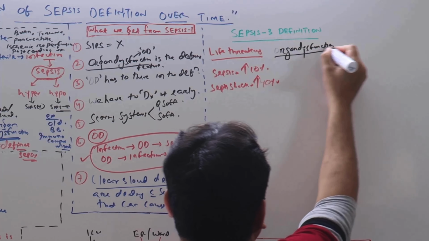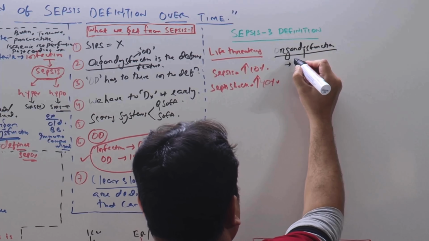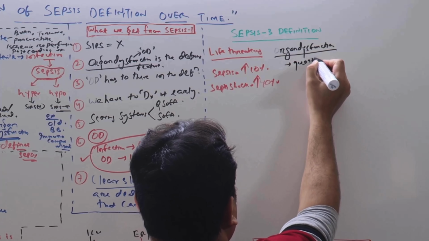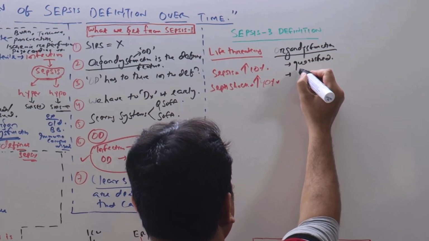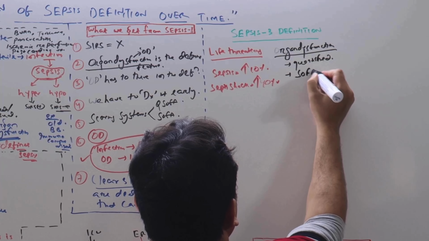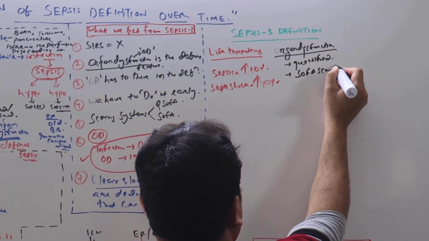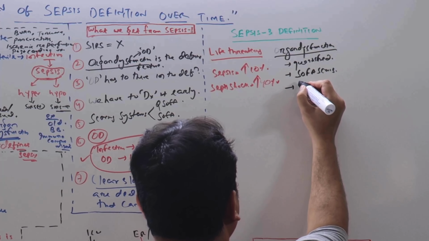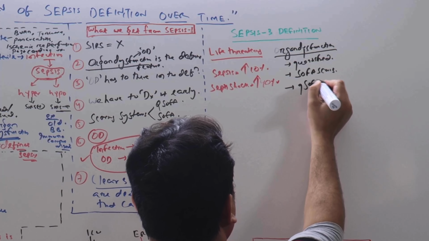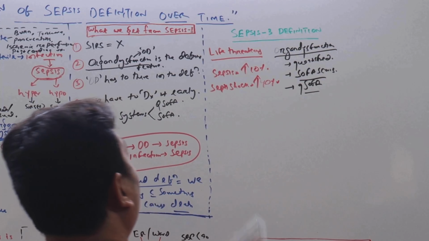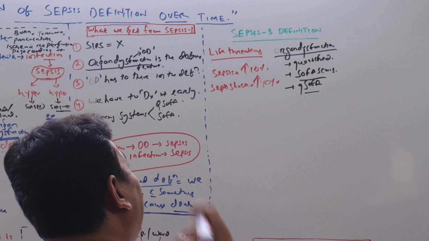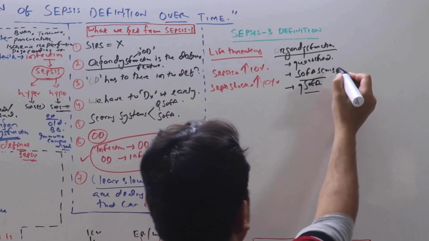Then second is organ dysfunction. And this organ dysfunction has to be quantified, clearly defined. How is it defined clearly? Using the SOFA scoring system, and in the ward or ER it is qSOFA. So we have a system where we can quantify the organ dysfunction and diagnose it early by measuring it daily. This is very, very important.